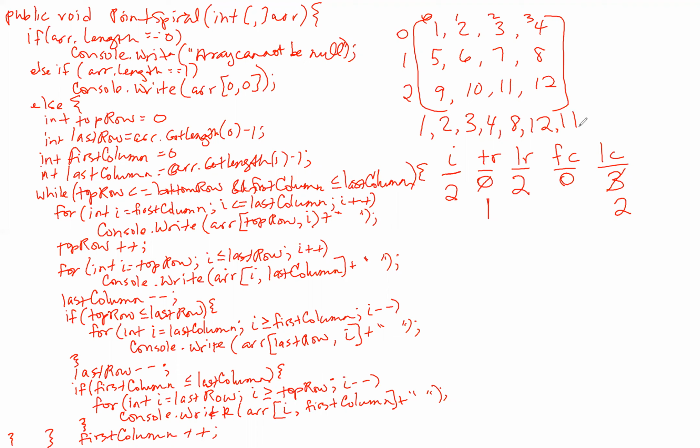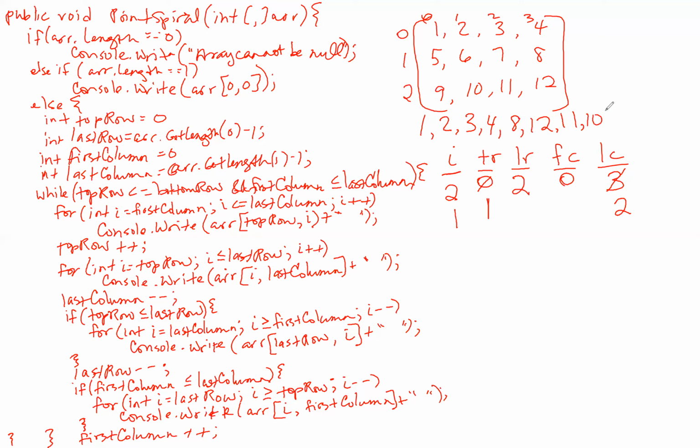All right, so we print 11. All right, and then we do I minus minus, so I becomes 1. And we go in and say, is 1 greater than equal to our first column? Yes, 1 is greater than 0. So array at last row, which is 2, and then I, which is 1, and that's the 10. So we print 10.